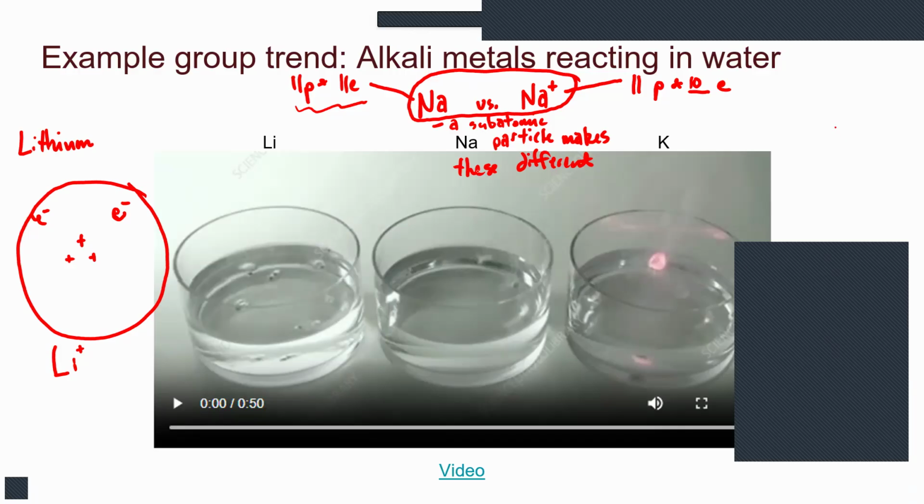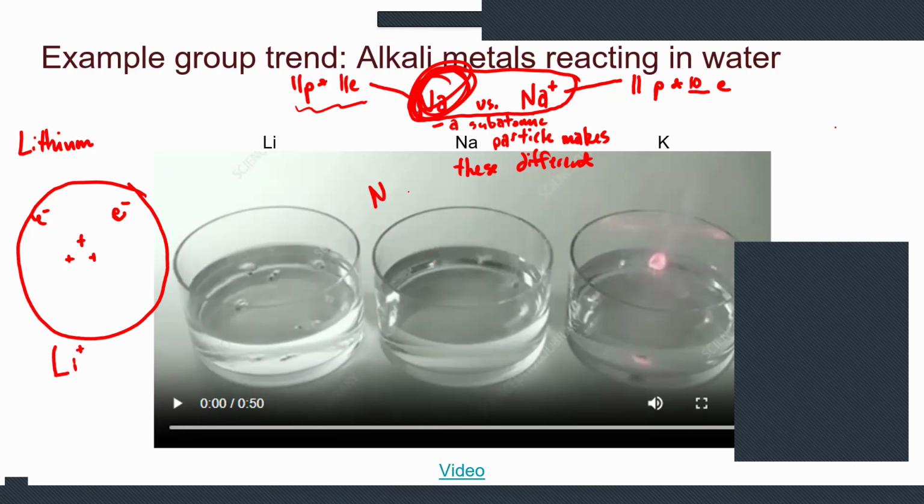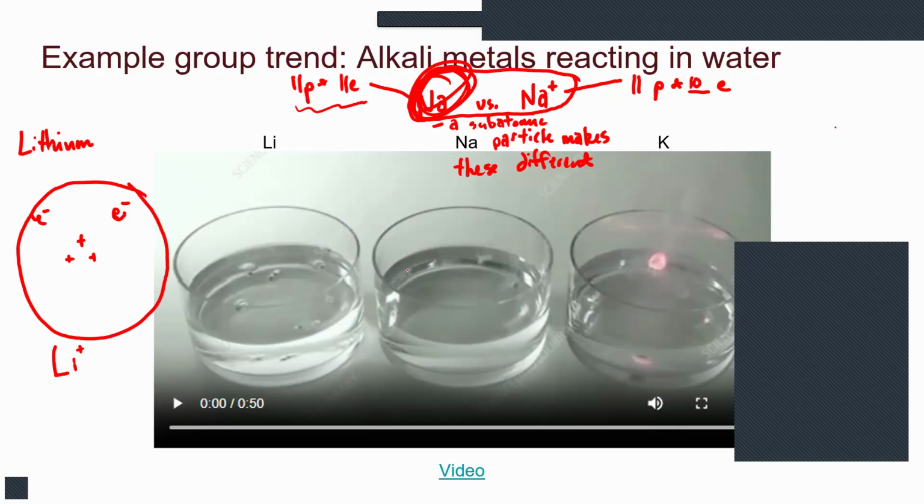So what this video was showing was we got some of this stuff right here, some of this Na, and dropped it in here. And slowly but surely, well, that Na has a chemical property in that it will react with water. And whenever Na reacts with water, it converts to Na plus.